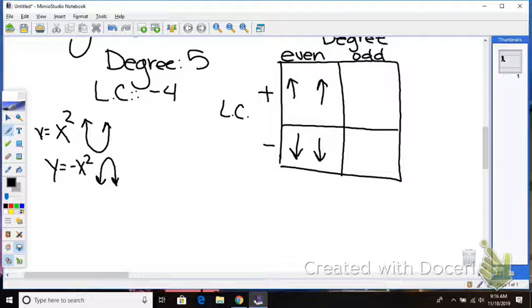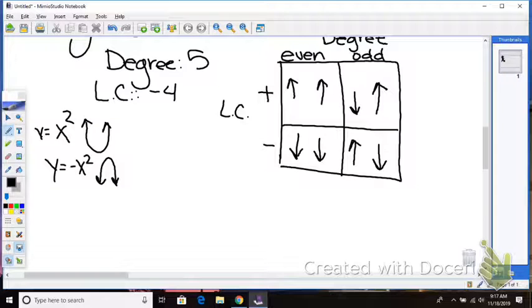Okay? Odd doesn't stay together. So odd positive looks like this, down and then up. And odd negative is up and then down. I'll tell you how I remember that. So I know that odd is going to go two different directions.